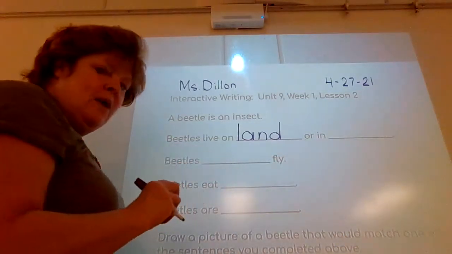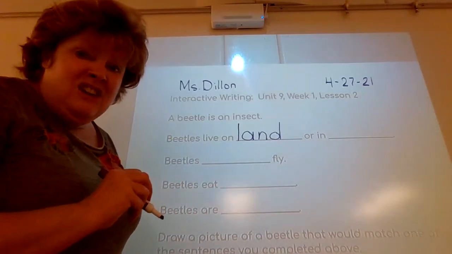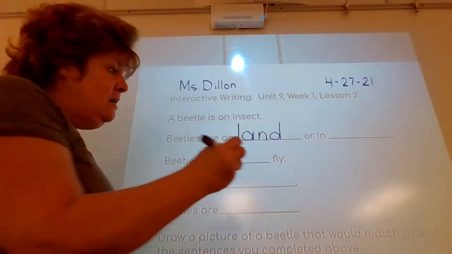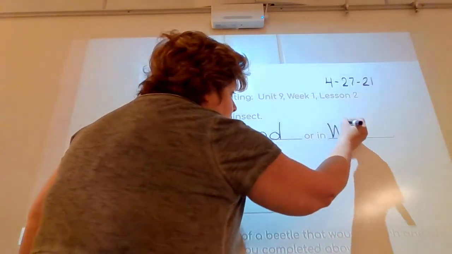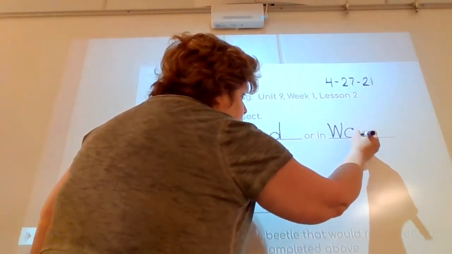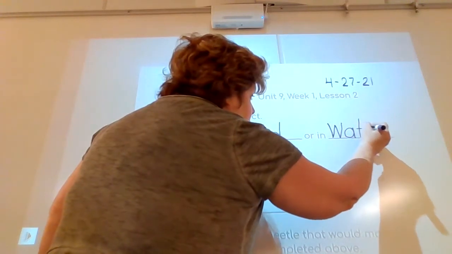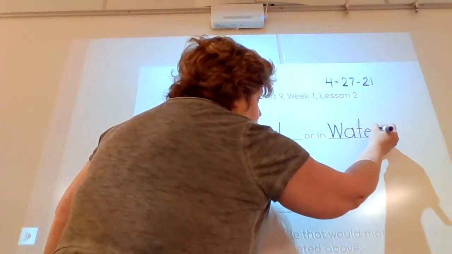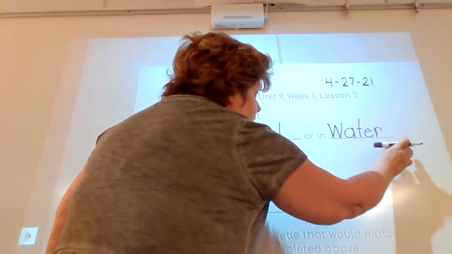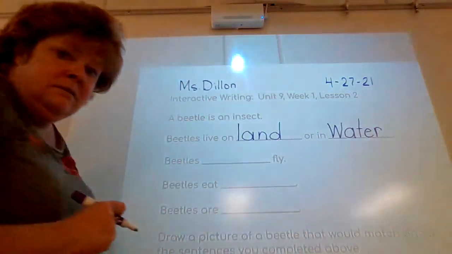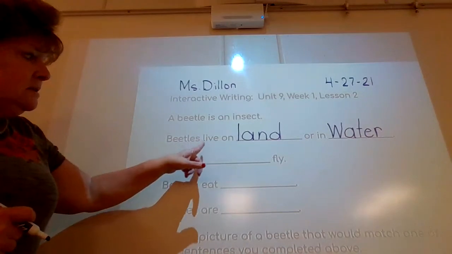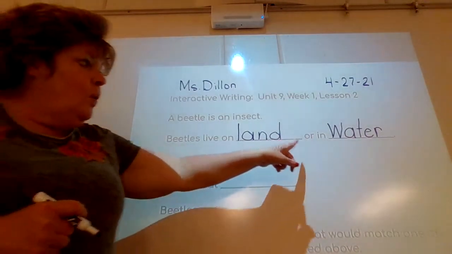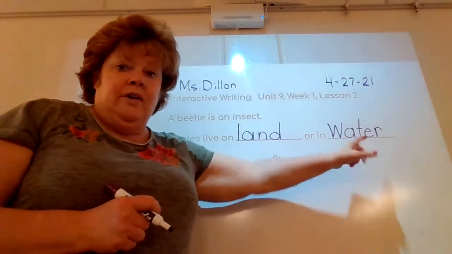Good. We say water, but it actually has a T instead of a D. Water. So wa, and is E-R. And what did I put at the end? A period. Let's read this together. Beetles live on land or in water.